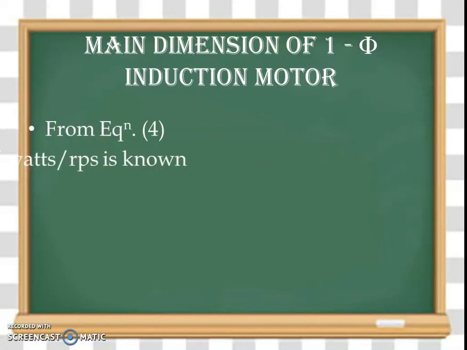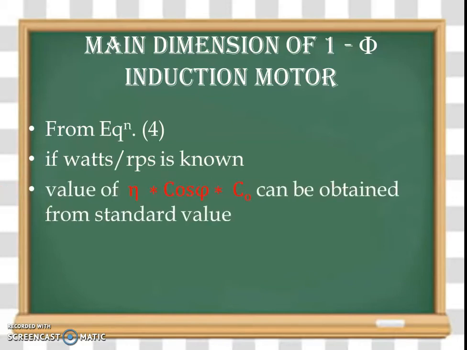From equation number 4, if watt per RPS is known, then the other value, that is eta, efficiency, multiplied by cos phi, the power factor, multiplied by CO, the output coefficient, can be obtained from the standard values given in the table.